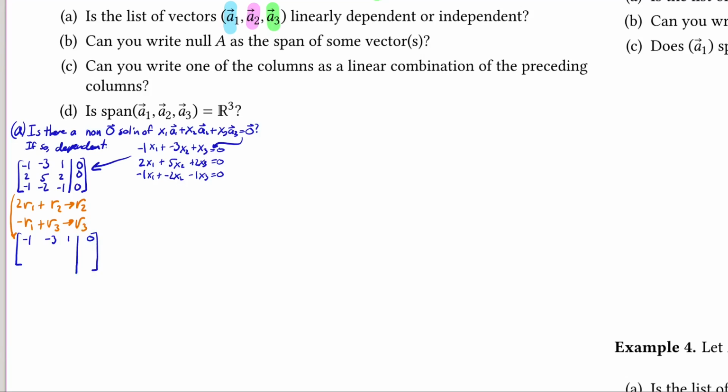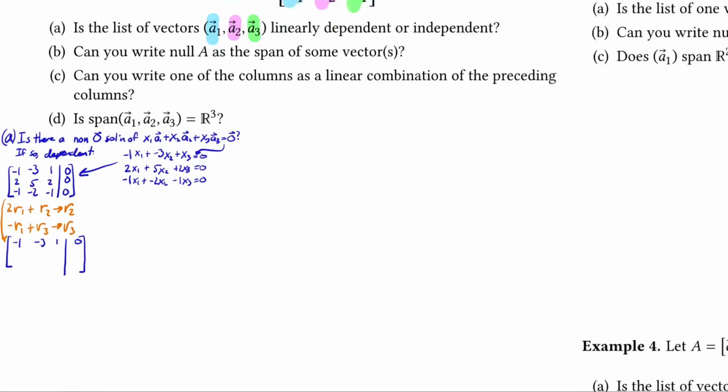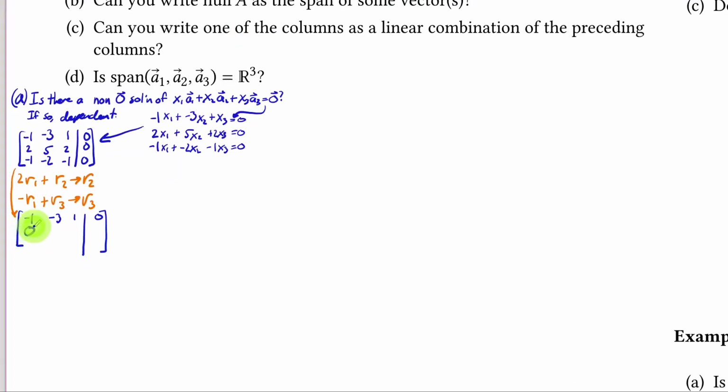For row 2, we're doing 2 times row 1 plus row 2 to get zeros below this pivot position. That's going to be a 0 here because we're doing 2 times -1 plus 2. 2 times -3 plus 5 is -1. 2 times 1 plus 2 is 4. 2 times 0 plus 0 is 0.